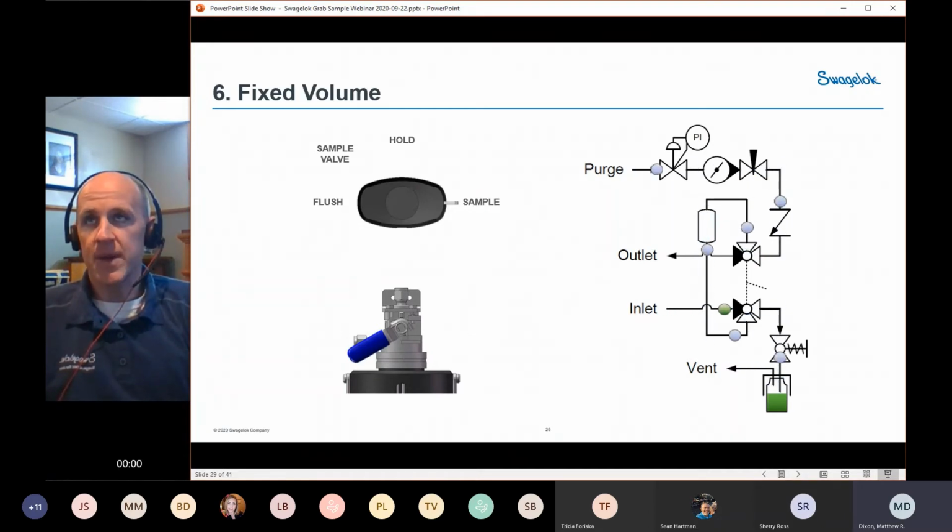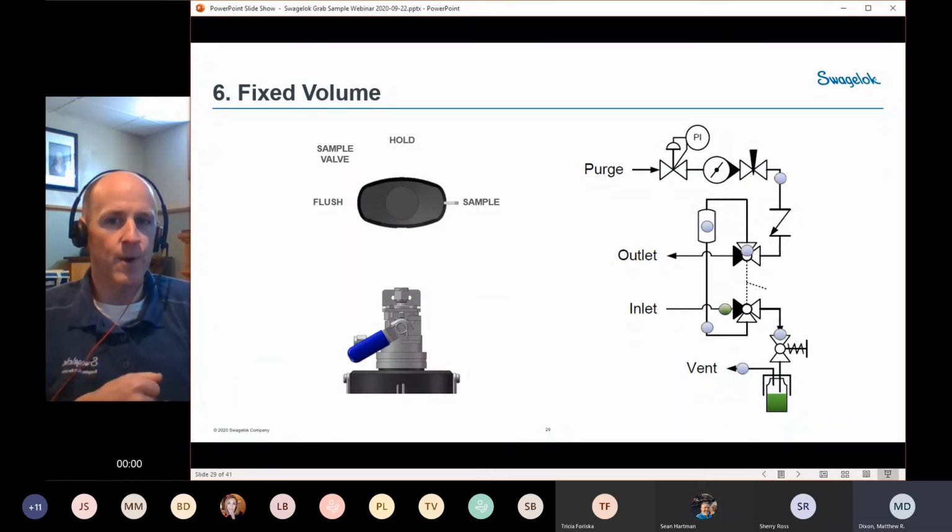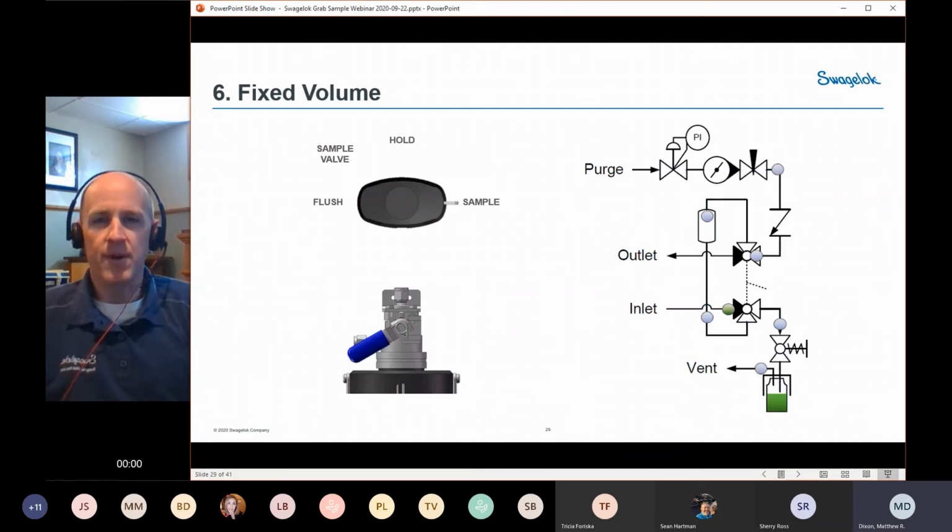So that would be your absolute limit. Now, I think the general recommendation is that once you get to 1000 psi or above, then you start thinking about how to isolate that pressure, whether through some sort of regulator or a fixed volume sampler like this.